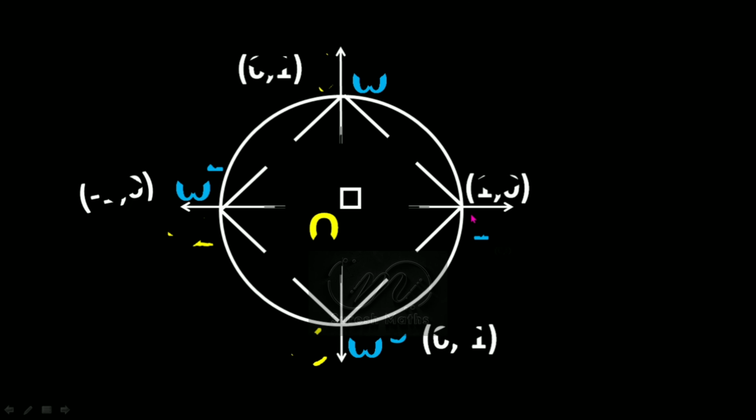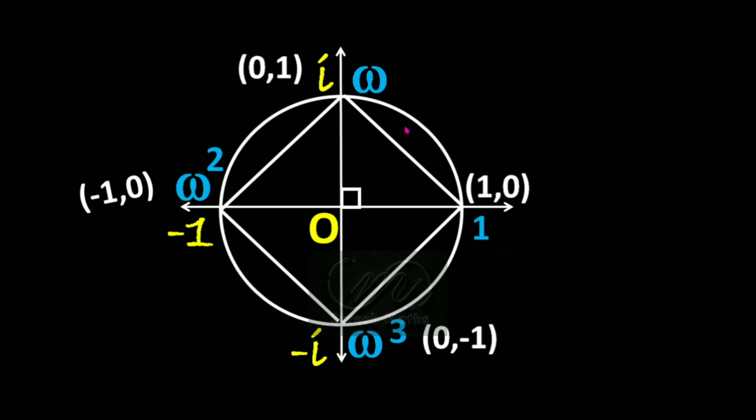So look at the circle. In this circle, 1, omega, omega square, omega cube, the 4 complex numbers, form a square. So look at the line segments AB, BC, CD, DA. Here A is (1, 0), B is (0, 1), C is (minus 1, 0), and the fourth point is D, (0, minus 1).